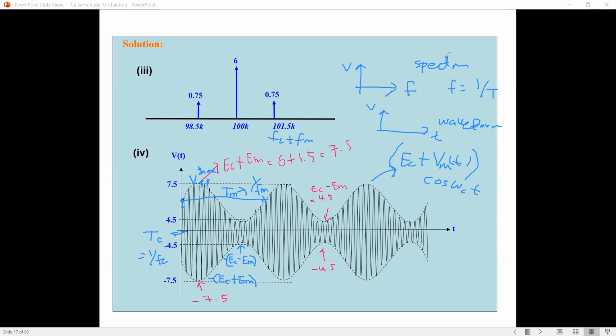Because here we assume only one fundamental frequency of our FM. But if my VMT is not only one frequency, if it has FM 1, 2, 3, then there will be a bandwidth, and my VM bandwidth. Then this one also has a range as well.